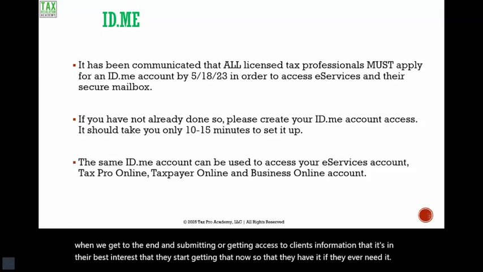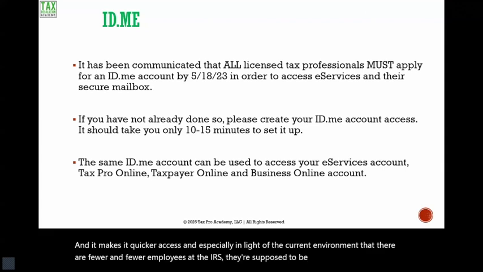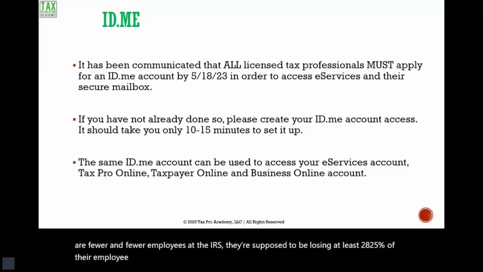It makes access quicker, especially in light of the current environment, with fewer and fewer employees at the IRS. They're supposed to be losing at least 25% of their workforce in the next few months, and it wouldn't surprise me if it goes even further.